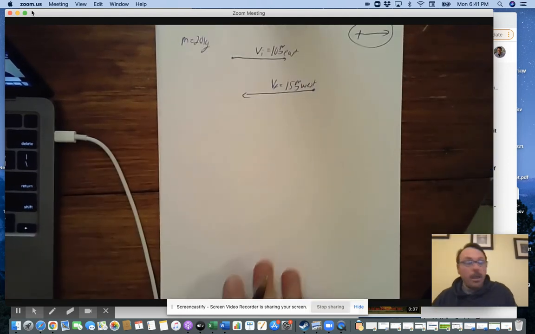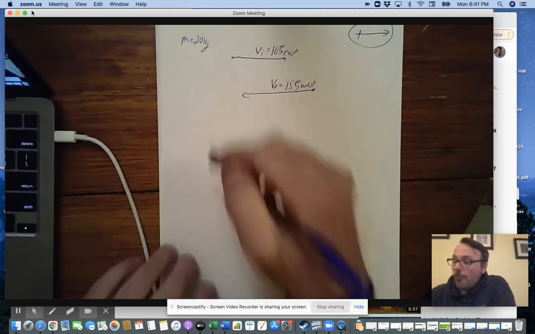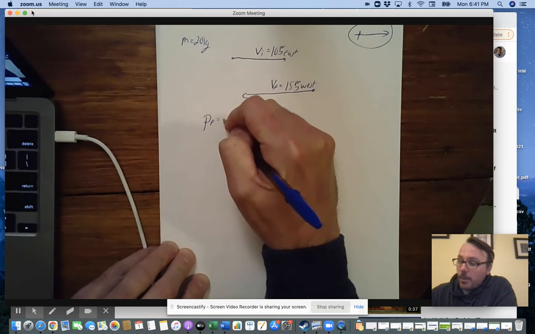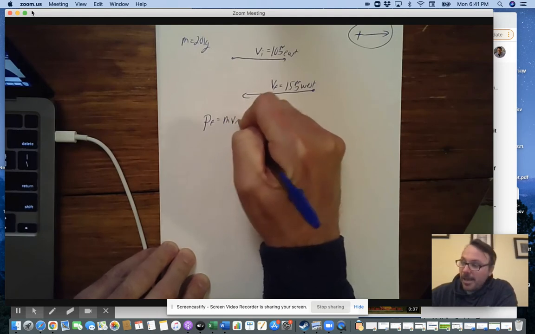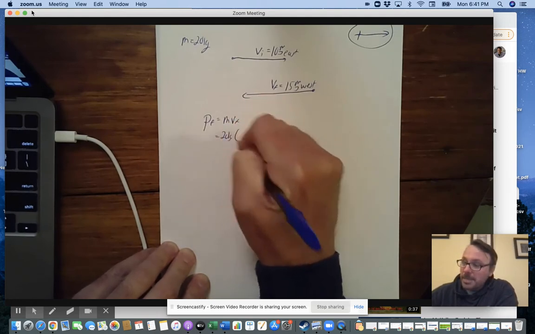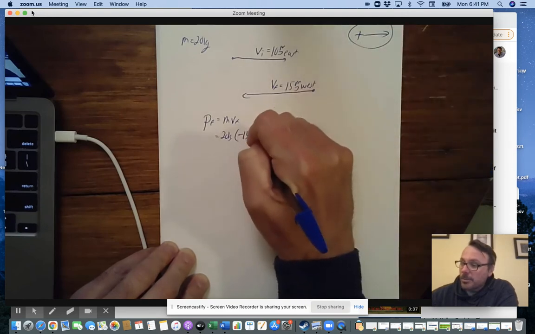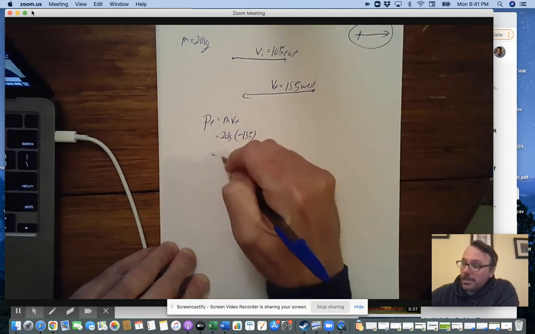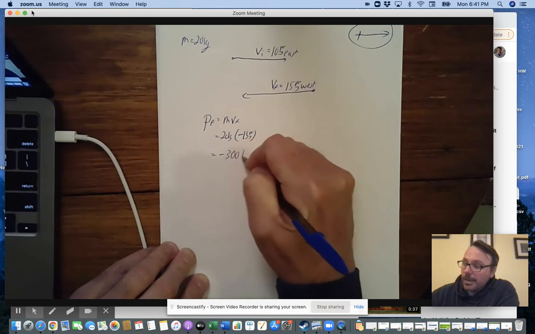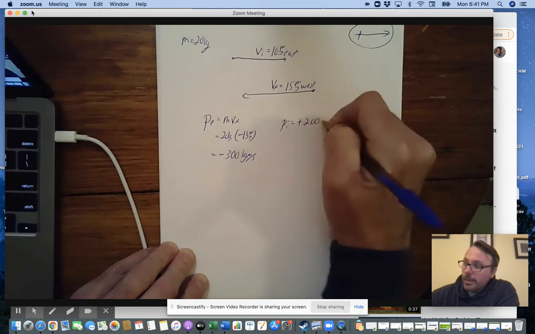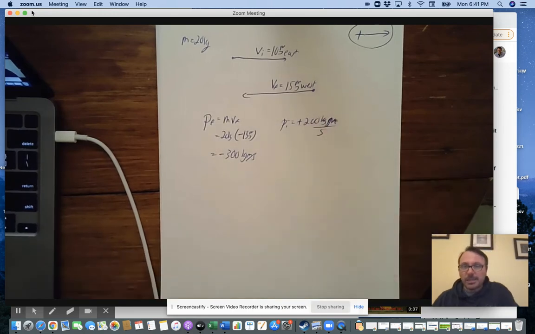So hopefully you can see that the only difference in this problem is that the final momentum, mass times VF, would be 20 kilograms now times, if we're going to use our declaration, negative 15 meters per second, or it is going to be negative 300 kilogram meter per second, and the initial momentum is still that positive 200 kilogram meter per second.